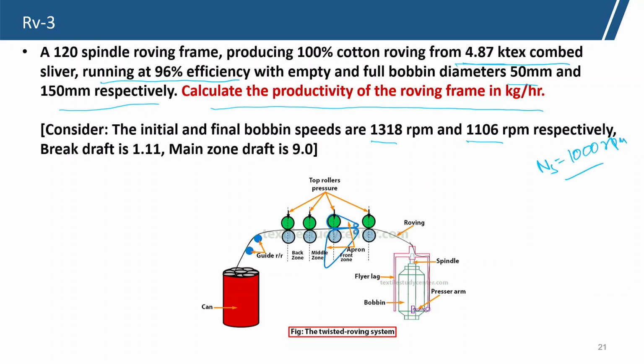Now, the tex of this sliver is 4.87 kilotex. The back zone draft, the break draft, is 1.11. Here we are talking about a 2 zone draft, and the main draft is 9.0. So if we multiply them, we get the total draft.